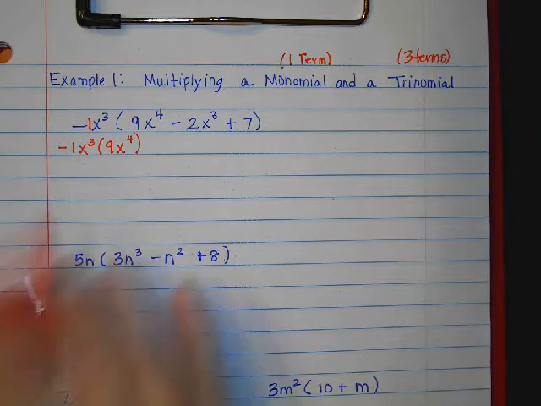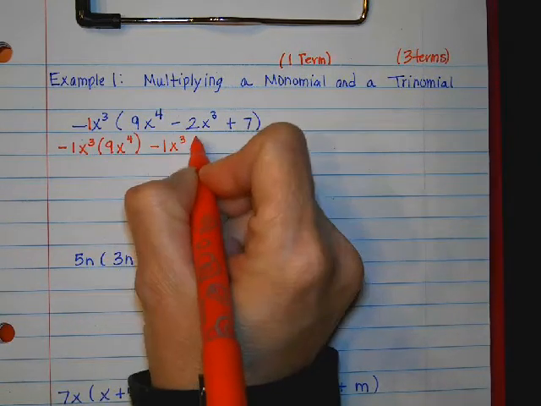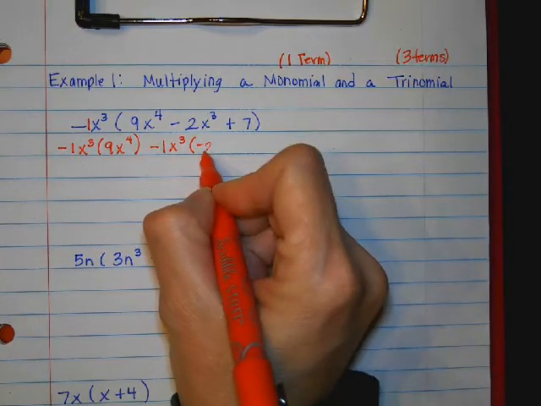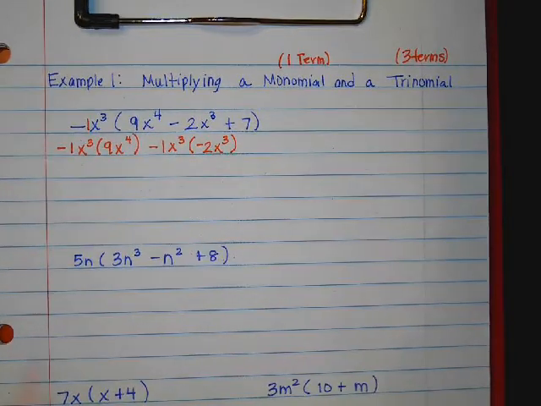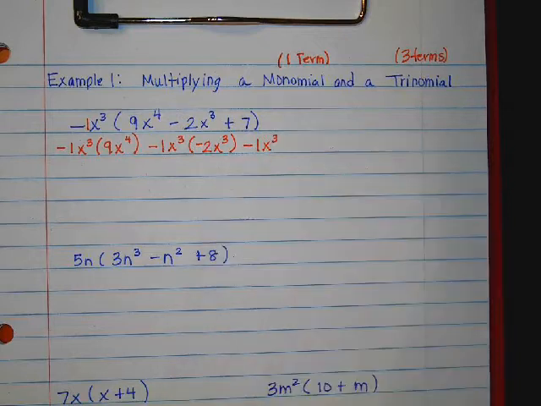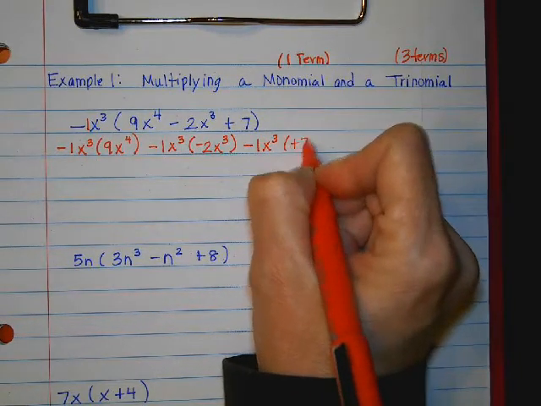Then we take this negative 1x cubed and multiply it times the negative 2x to the third. Then we take our negative 1x cubed and multiply it times this constant of positive 7.